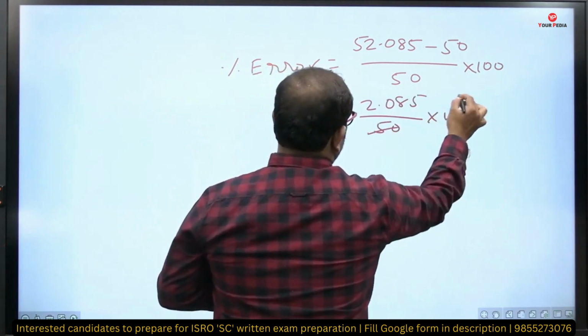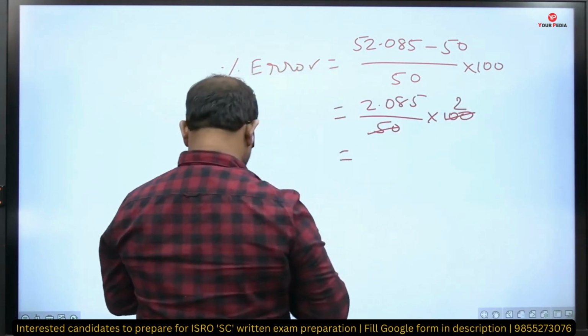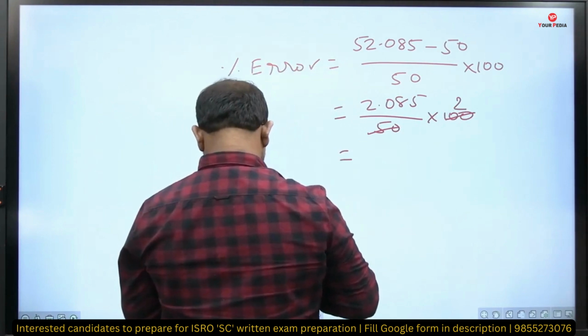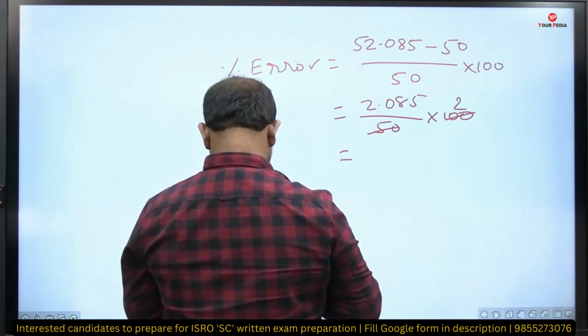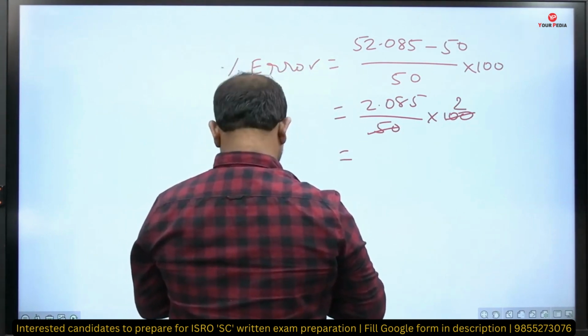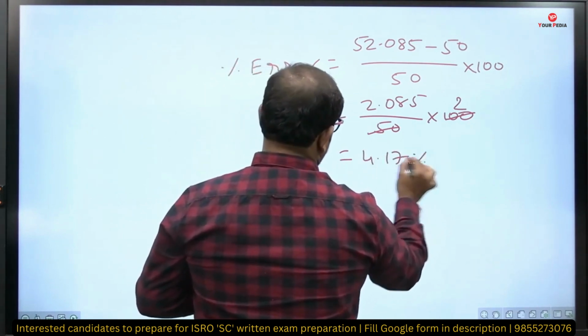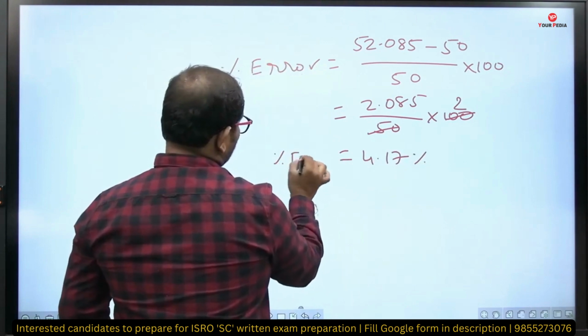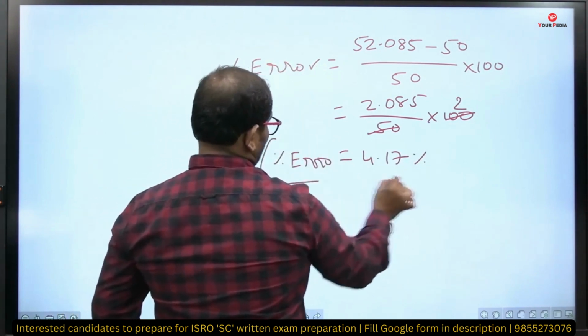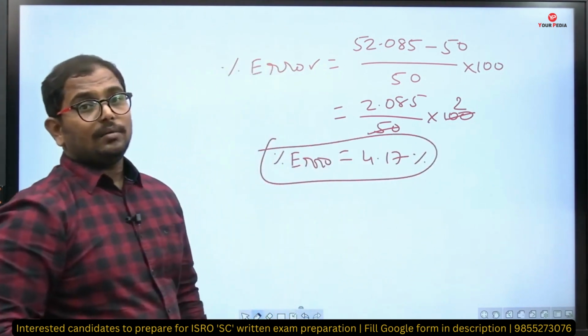So this becomes 2.085 into 2, which is 4.17 percent. So this is the percentage error we get because of the internal resistance offered by the voltmeter.